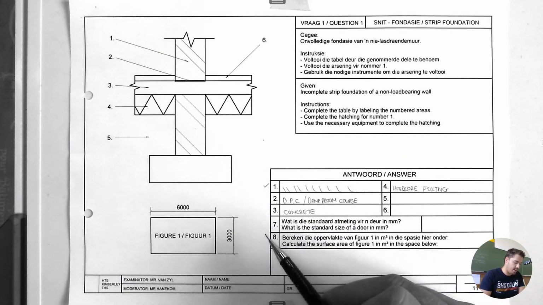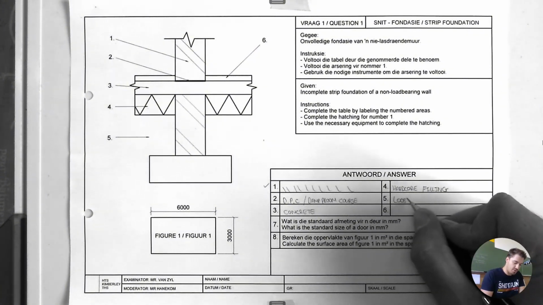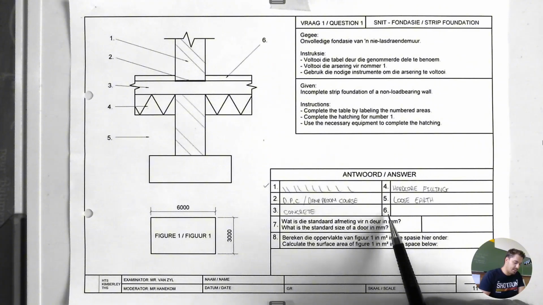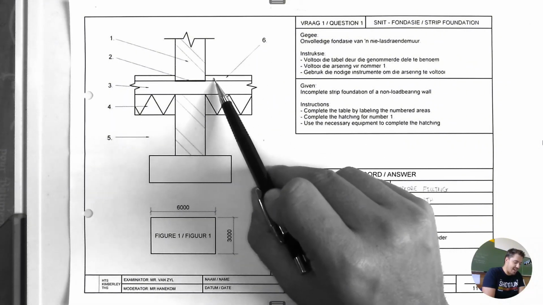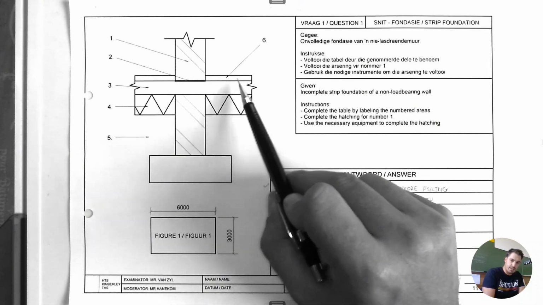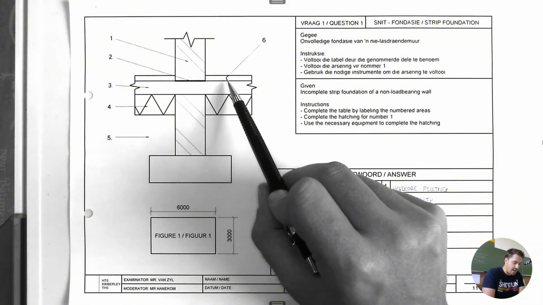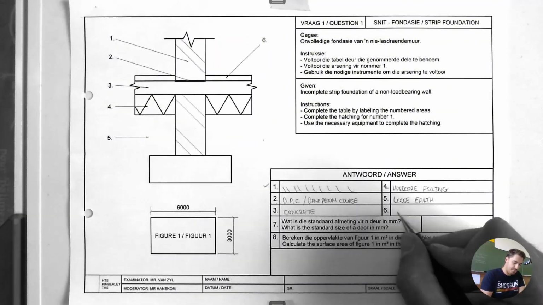You can write loose earth, or you can write undisturbed earth. Number 6 is all the way up here. That is actually called the screed. That is the finished floor level right there. This is where you stand when you're inside of the house. So this is called the screed.